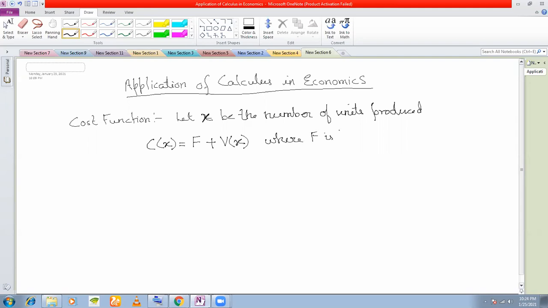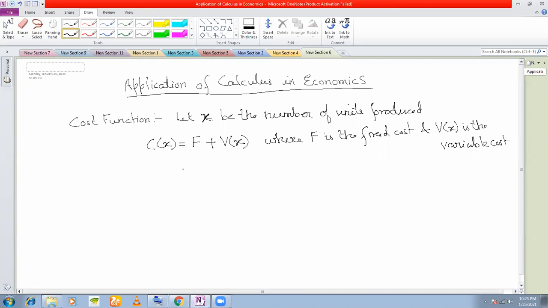F is the fixed cost and Vx is the variable cost. Now, fixed cost is always a constant, right? Fixed cost here, F is a constant.